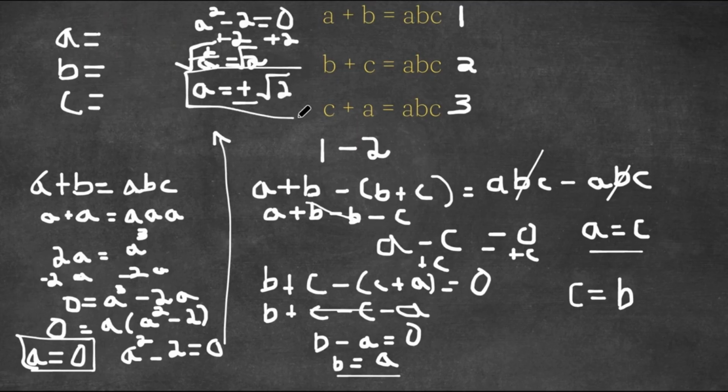Because a is equal to b and c, this is also the same for b and c. So b and c are also equal to 0 and positive and negative square root 2. So 0 and positive or negative square root 2 for all of them. And that's our answer.